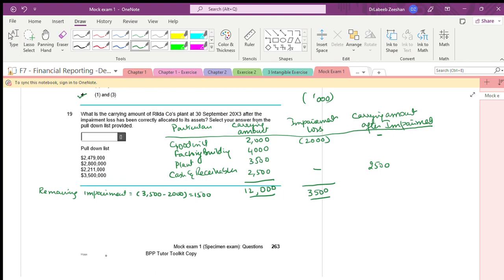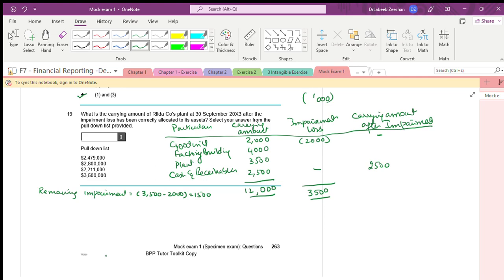Now we have to allocate this 1500 between 4000 plus 3500, which is 7500.